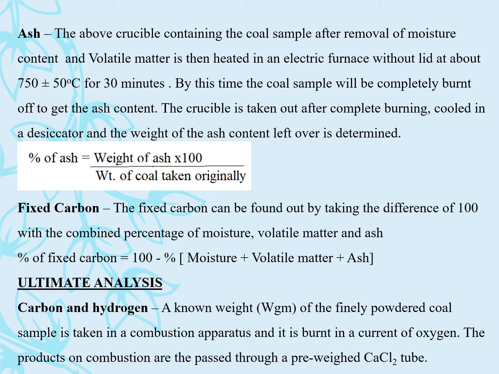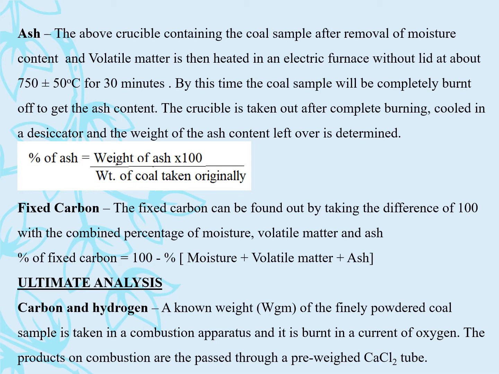Now moving on to the ultimate analysis. This ultimate analysis gives the presence of the individual elements also. Now we'll see how to determine the presence of carbon and hydrogen. A known weight of the finely powdered coal sample is taken in a combustion apparatus and burnt in a current of oxygen.